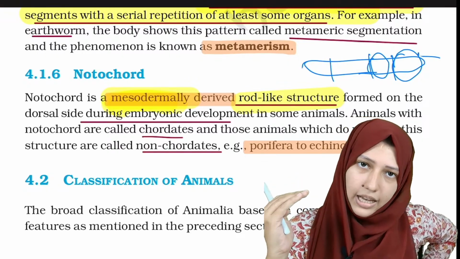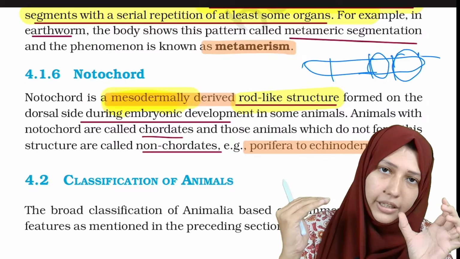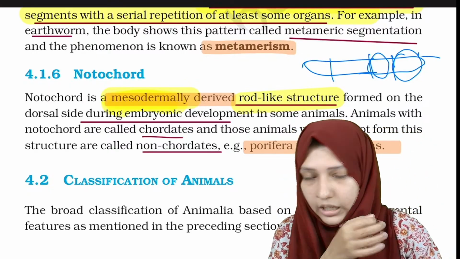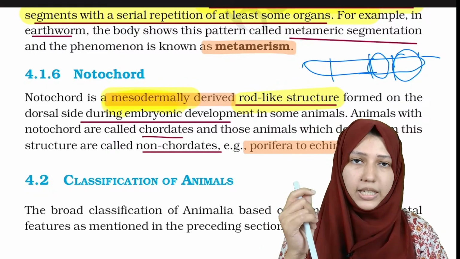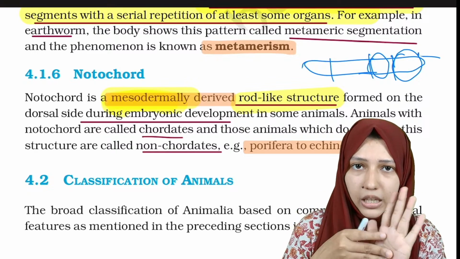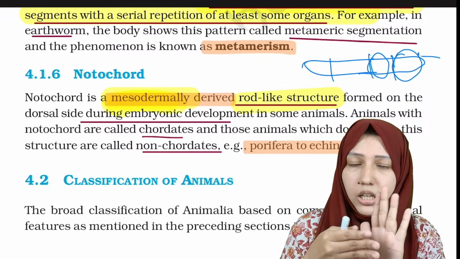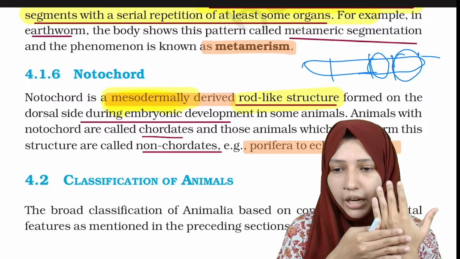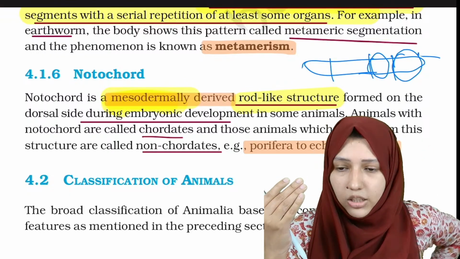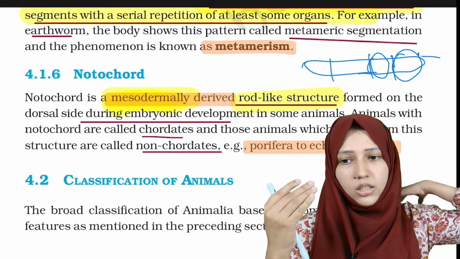So all these are chordates, and we got it from the primitive notochord. This is a rod-like structure and it is on the dorsal side. What is ventral and dorsal? Ventral side means the side which is inside, and the side which is outside is known as dorsal. So this is our ventral side and this is our dorsal side. The back is the dorsal side.